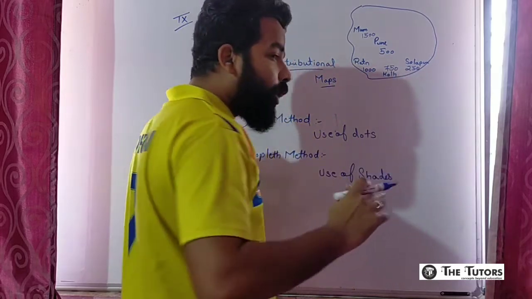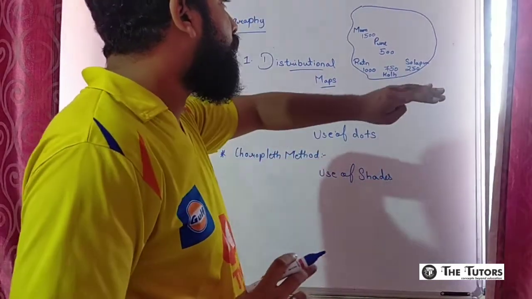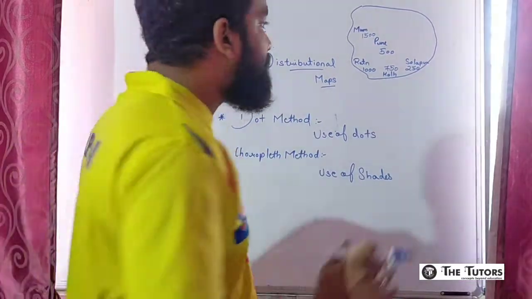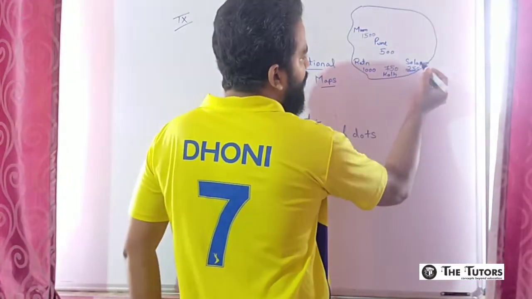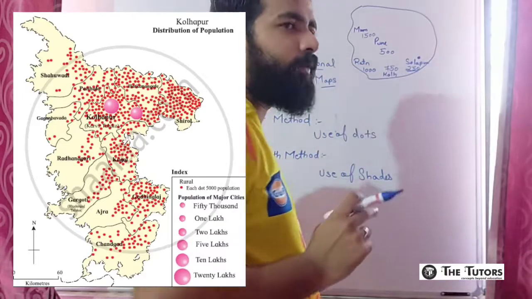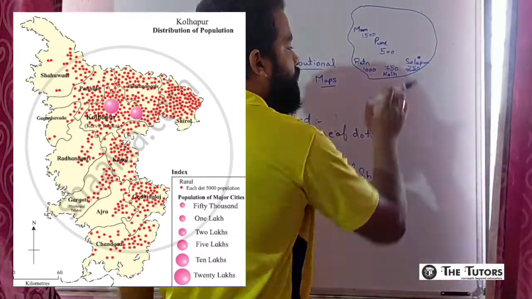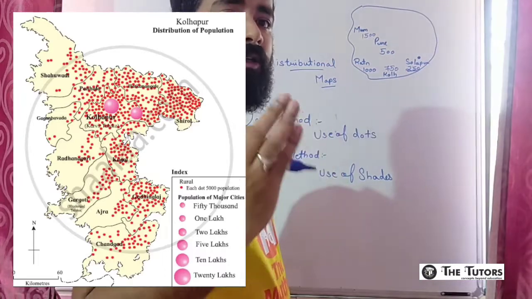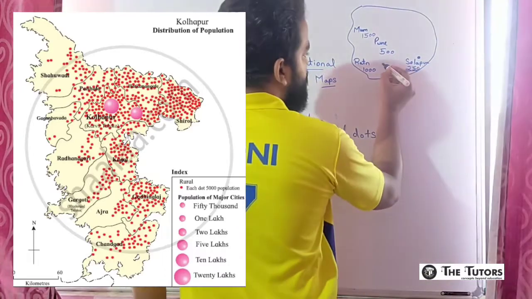So I will make dots accordingly. The least common divisor is 250, so we will make one dot of 250 in Solapur. In Kolhapur we will have 3 dots, because 250 times 3 gives you 750.